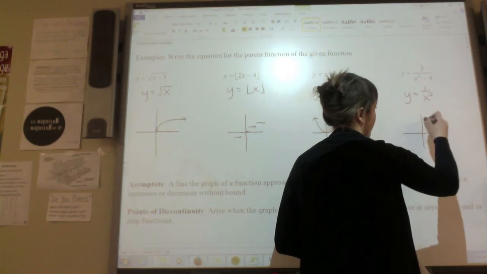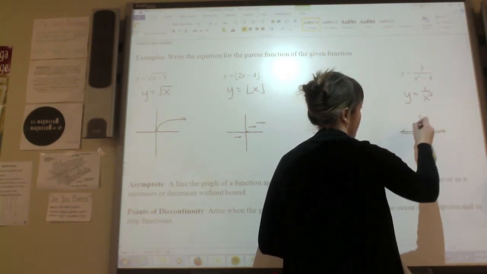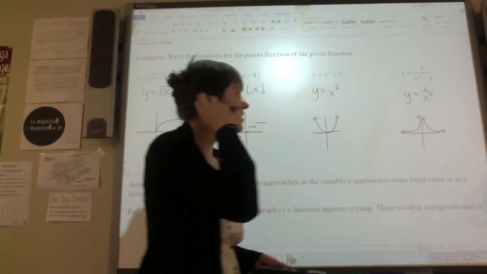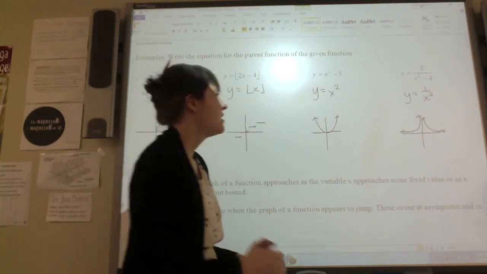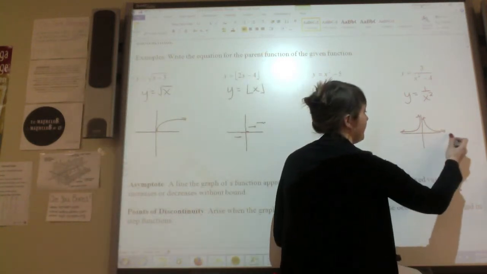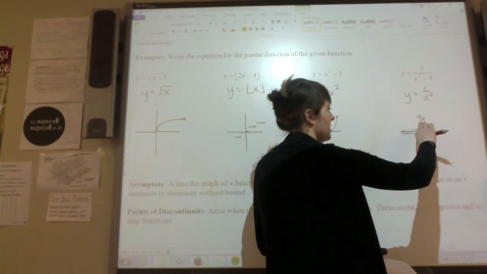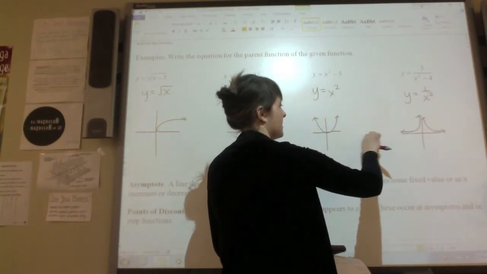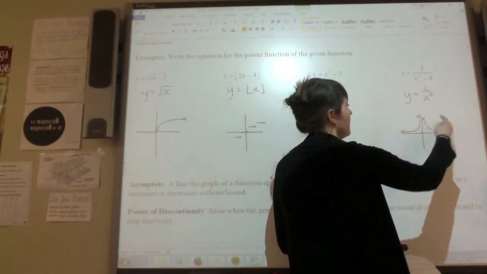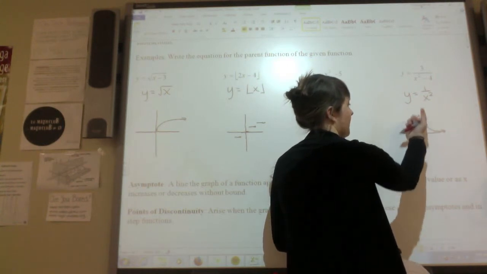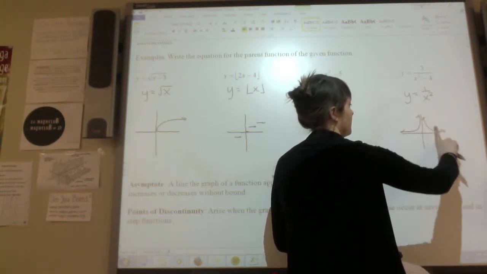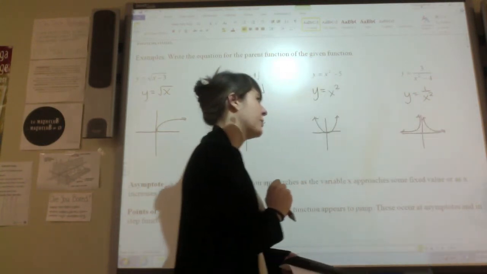But your inverse square function looks something like this. This actually has two different asymptotes. It has an asymptote at the x-axis because each of these are going towards the x-axis, but they're never going to reach it. And then it also has one at the y-axis because each of these are going towards the y-axis, but they're never going to reach it.